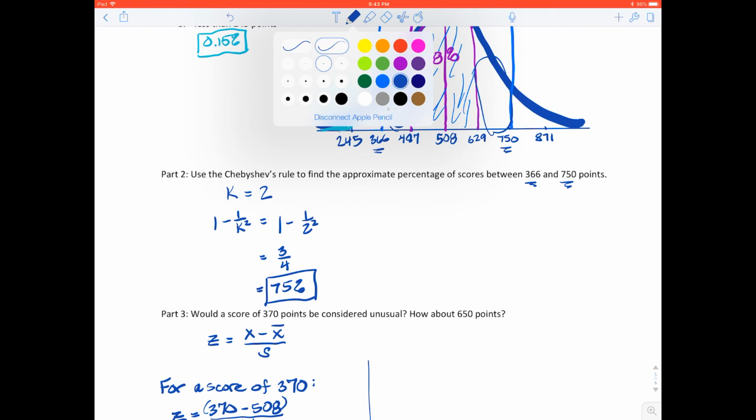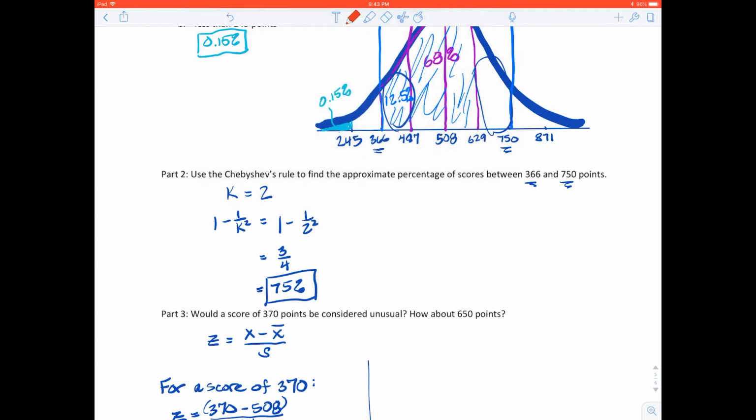On a z-scale, this would be a score of 0 because it's been standardized, then negative 1, negative 2, and negative 3, and up here we'd have 1, 2, and 3.